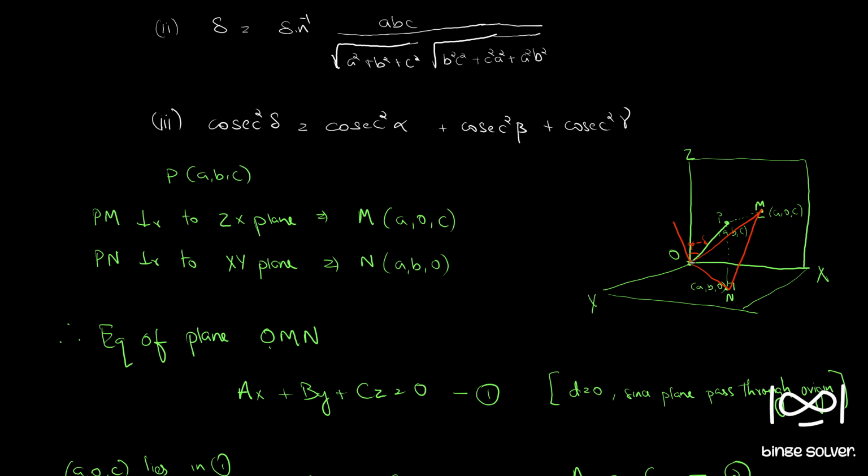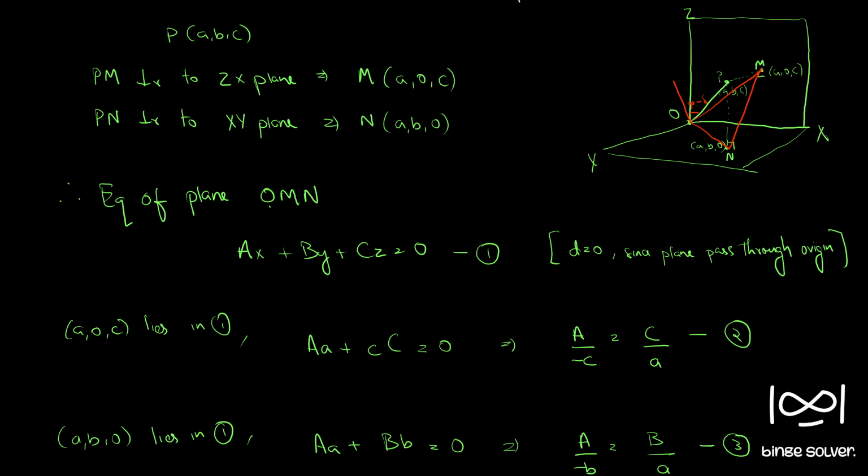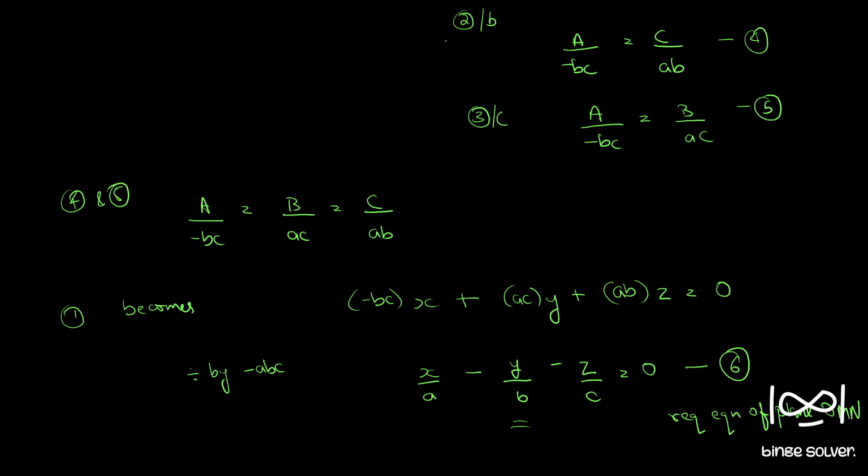What we have done is draw a perpendicular to the plane OMN, and then we calculate the angle this normal makes with the line segment OP. So we'll do that now. Second part.